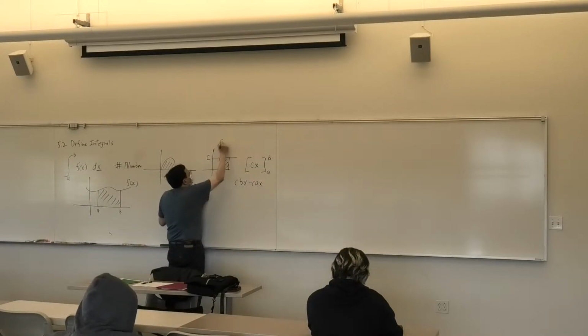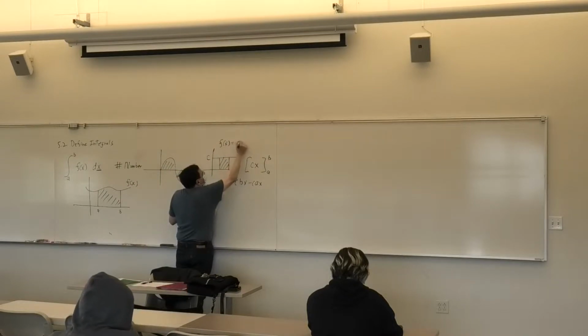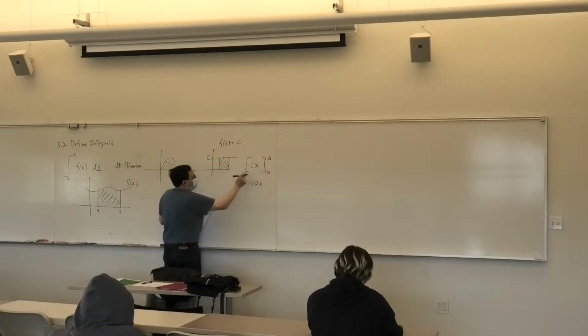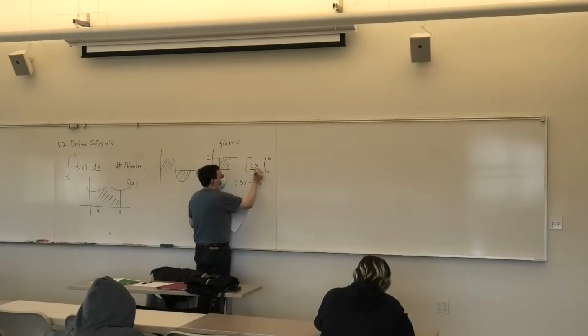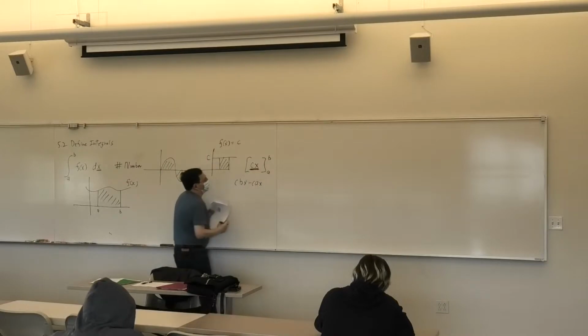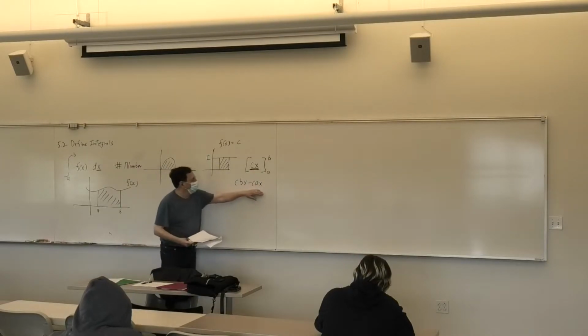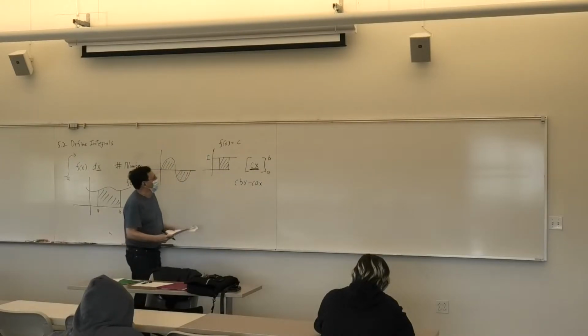If the function is a constant, it just so happens that this value here, this antiderivative, gives us the right value of the area.